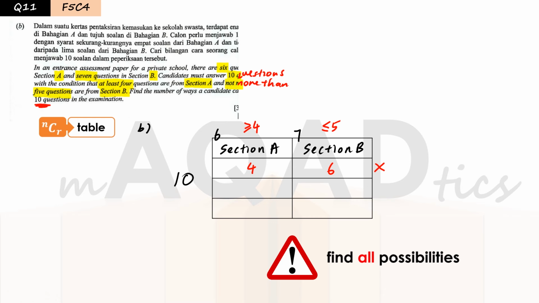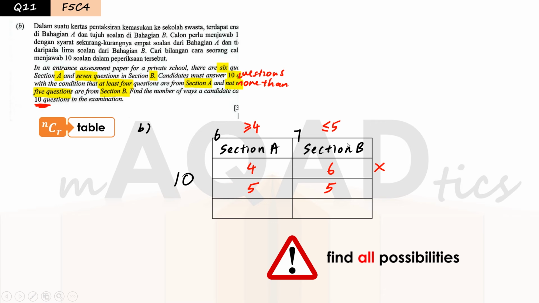So why not add another question in section A? From 4 we go to 5. If we answer 5 questions in section A, we need to answer 5 questions in section B, because in total we need to answer 10 questions. 10 minus 5 is 5. And this 5 actually satisfies the criteria because we didn't exceed 5.